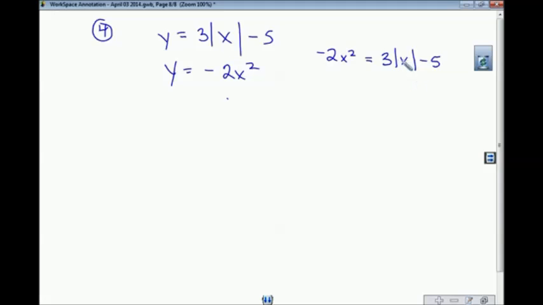Okay. I'm going to solve for the absolute value here, and then we're going to talk about why I chose to do that. So what we're going to do is move the 5 over. And then divide by the 3.